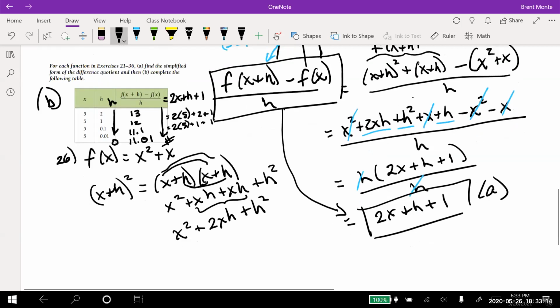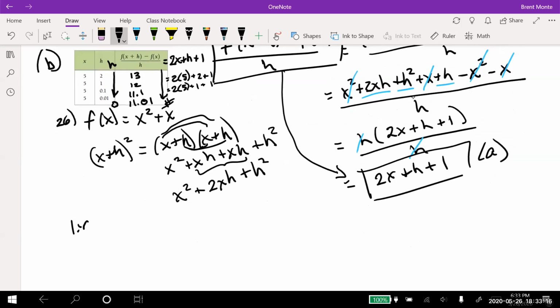So formally, I'm taking the limit as h goes to 0 of f of x plus h minus f of x all over h. If that equals some number, then that's going to mean something. And we're going to talk specifically about what that means in the next section. That's where we're going.